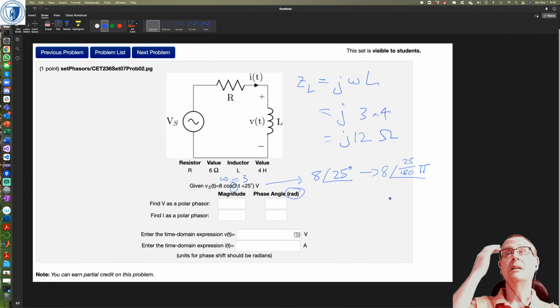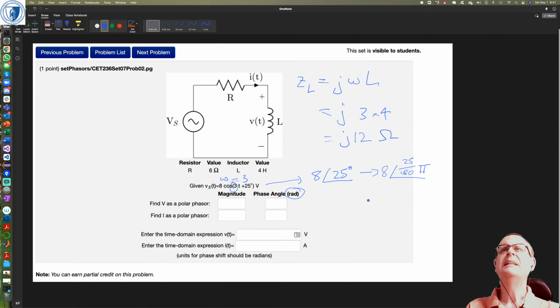And I'll have to plug that in. And then the other piece is I, right? So we've got I of t equals Vs on Zt, Z total, right? And the total impedance is just R plus ZL, right? So Vs is 8 angle 25 degrees divided by R plus ZL, 6 plus j12.